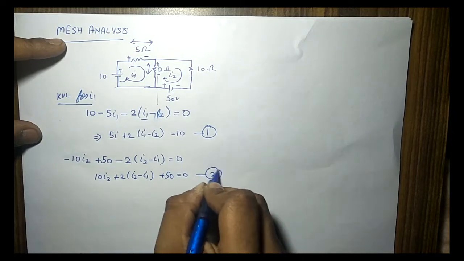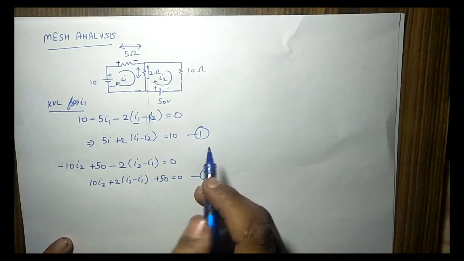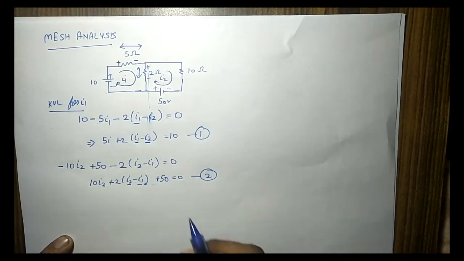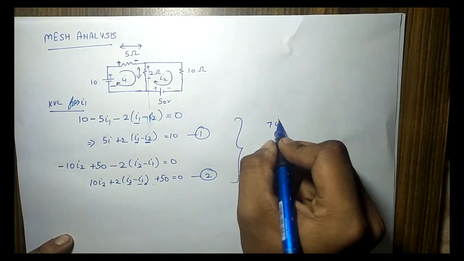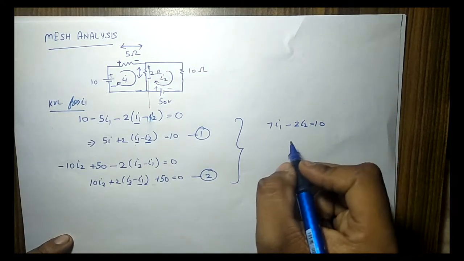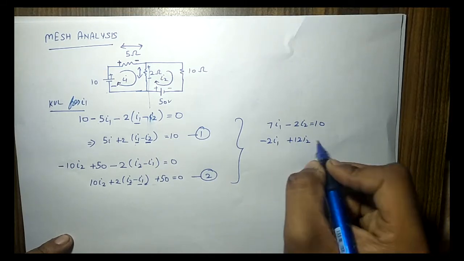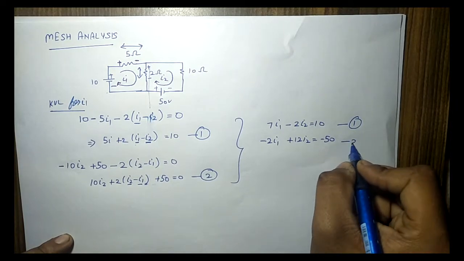This is our equation number 2. We can rearrange both equations as we have two variables, I1 and I2. By rearranging these equations, I got 7I1 minus 2I2 is equal to 10, and minus 2I1 plus 12I2 is equal to minus 50. This is equation 1, this is equation 2.